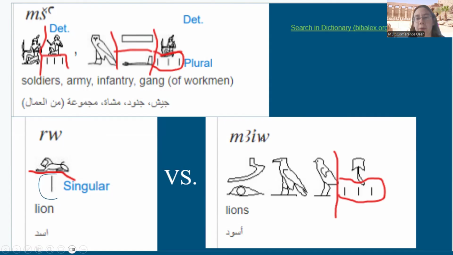Then you have one of the ways that you can write lions, multiple lions, ma-e-u. Again, my pronunciation is, I don't think, fully correct. In this case, you have these chunks that are functioning both as a unilateral, but also as a phonetic complement type thing.